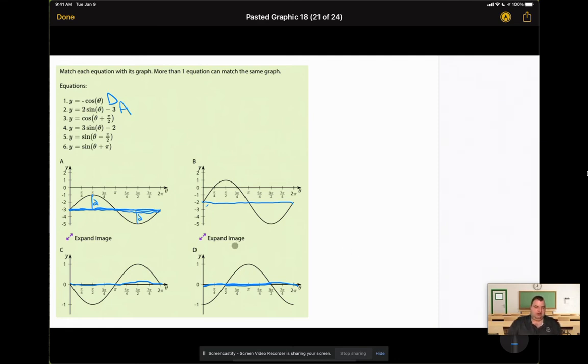That means that this is going to be the graph of cosine shifted pi over 2 to the left. So normally cosine will start at 1 at 0 degrees and then go down to 0.